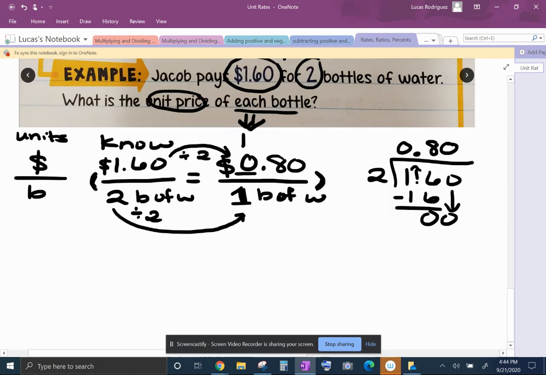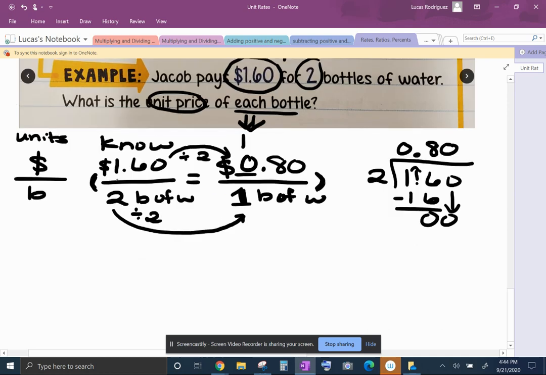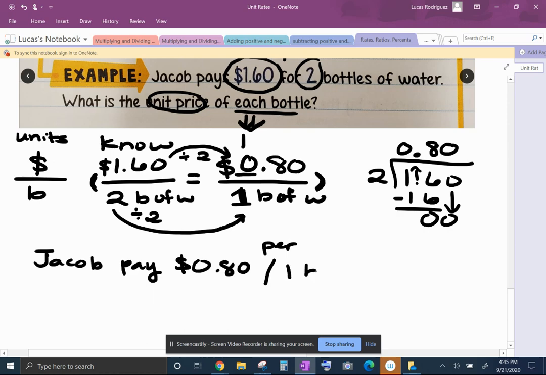So how I would write my answer is Jacob pays 80 cents per 1 bottle of water.